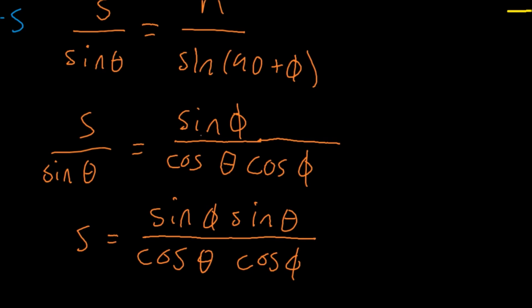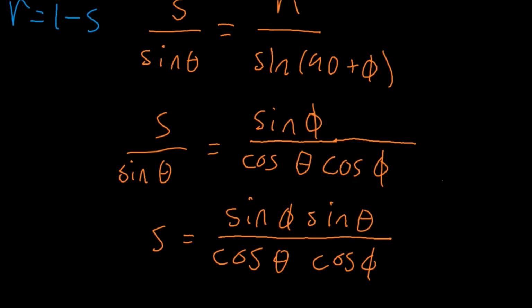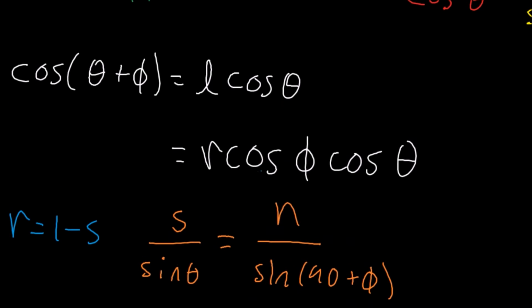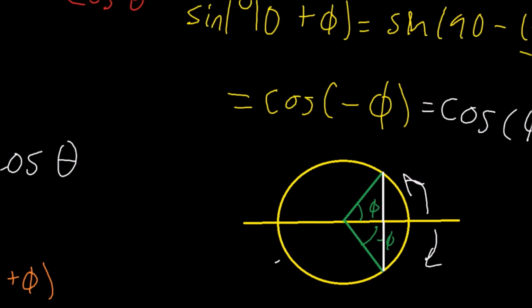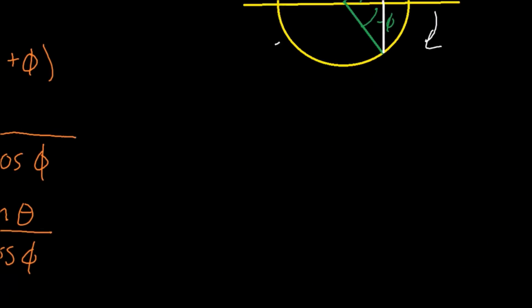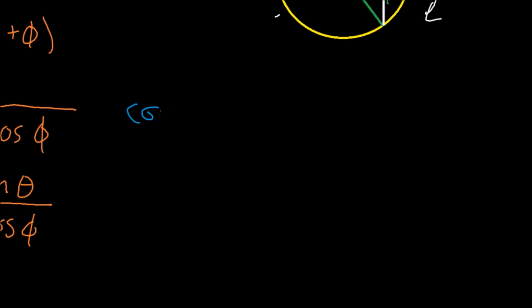All right, we're almost at the end here. Now we just have to multiply r by cos phi cos theta. So r, so cosine of theta plus phi, as we discussed, equals r, which is 1 minus s.